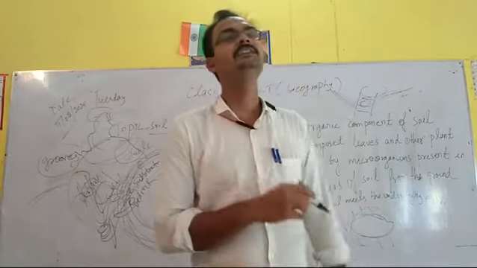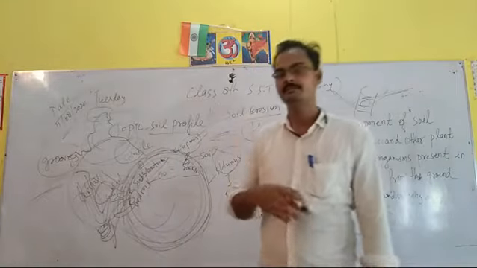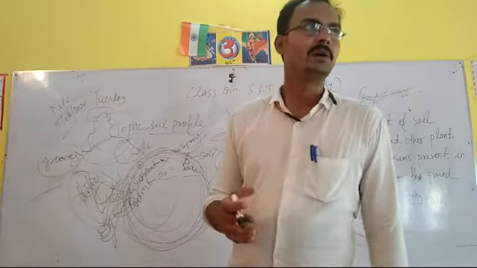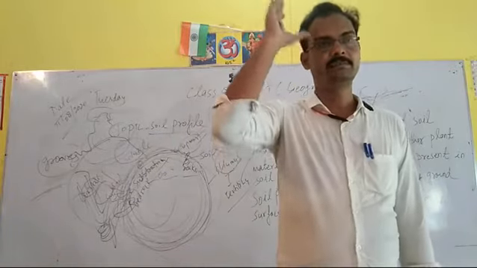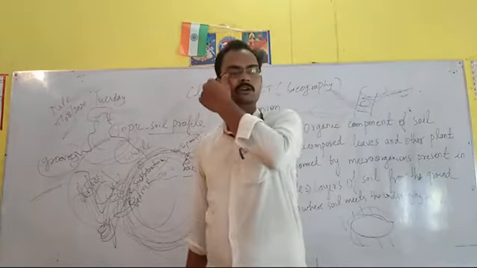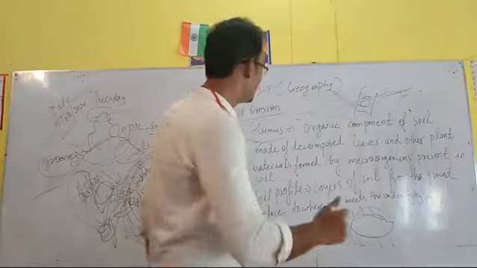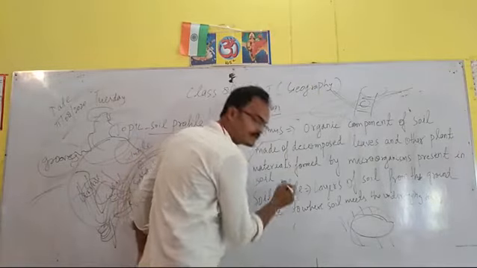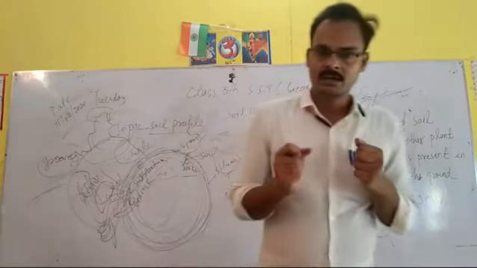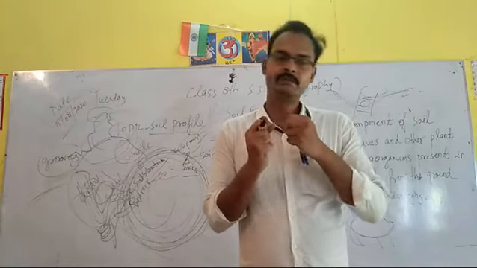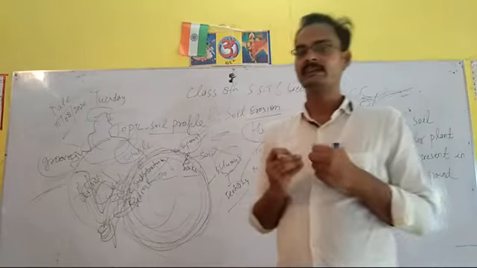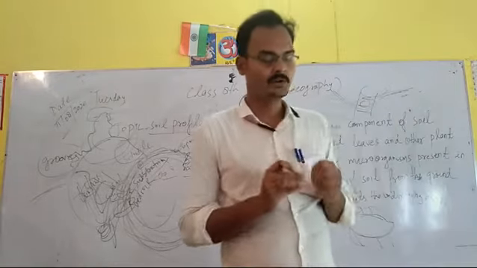If we decrease forest, or if for any reason forests are decreasing, that is deforestation. And by deforestation, soil erosion occurs because trees and plants hold the soil firmly, and if there are no plants and trees, erosion will occur.